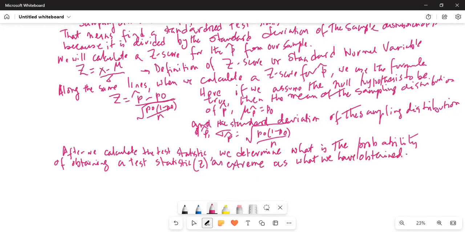Then this probability is called p value.